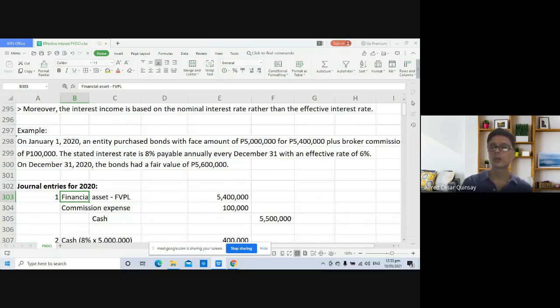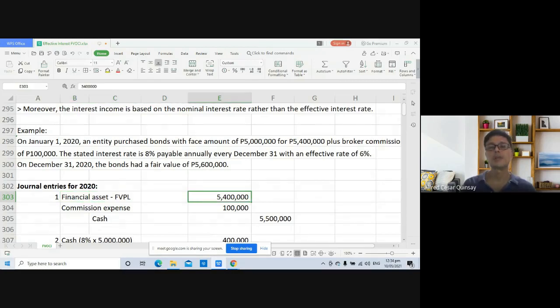Okay, so yung kanyang account title, as in contrast dun sa isa, yung financial asset doon naman sa OCI, fair value through other comprehensive income. Ayan, so ito naman profit or loss.